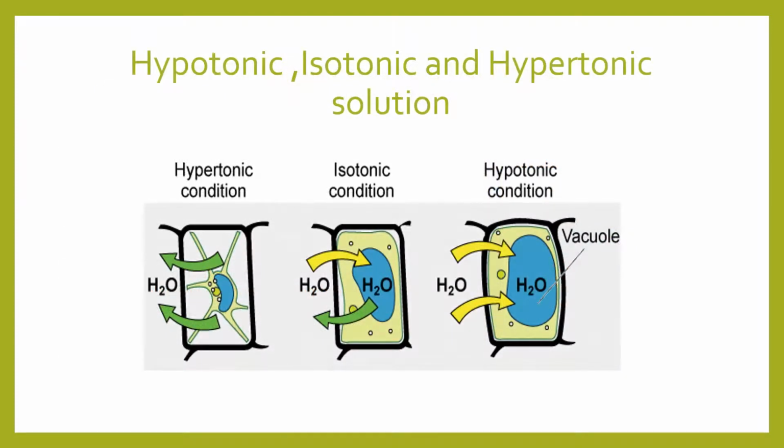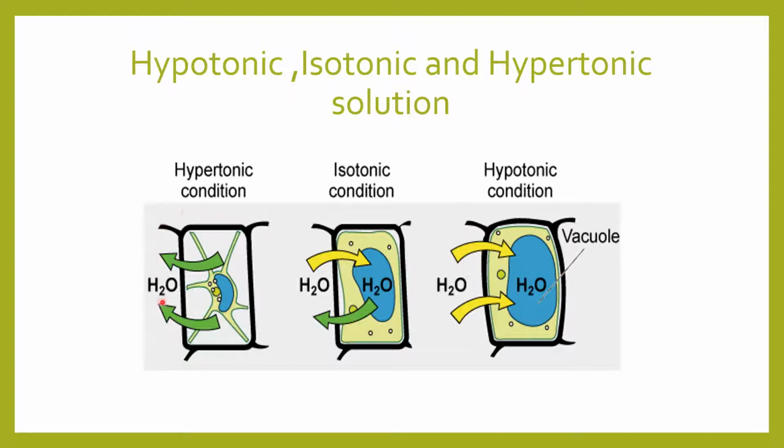Here I have taken a picture where they have shown a cell which is placed in three different types of solution: hypertonic solution, isotonic solution, and hypotonic solution. Now what do you mean by hypertonic solution?